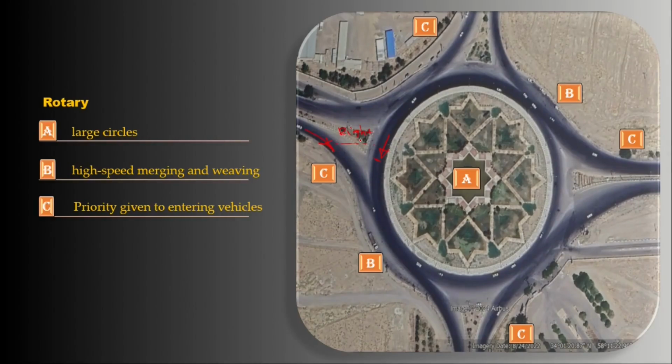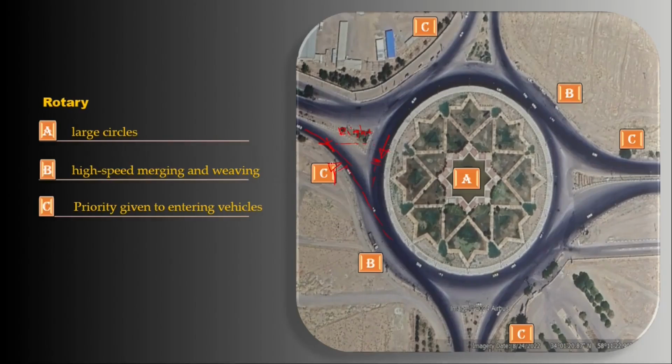It's not just a rule, it's also geometry. Due to the large dimensions of rotaries, entering traffic can easily enter the circle, and it encourages them to not give priority to circulating traffic.